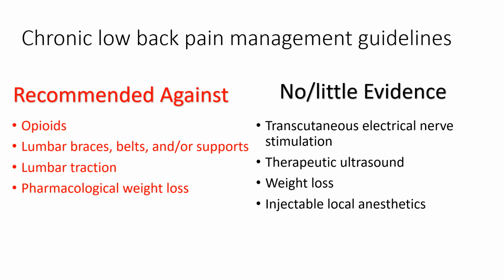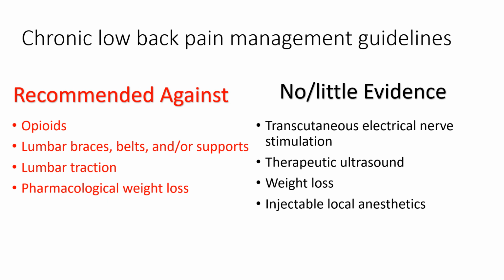Those treatment guidelines also listed a number of treatments as recommended against. These include opioids, especially chronic opioid use, lumbar braces, belts or supports, lumbar traction, and pharmacological weight loss. These are repeatedly and consistently recommended against by a number of treatment guidelines.